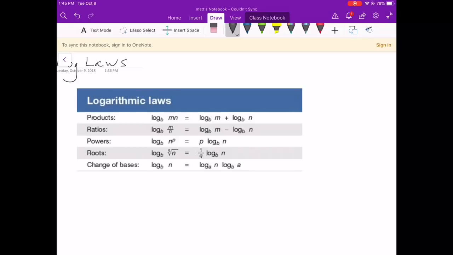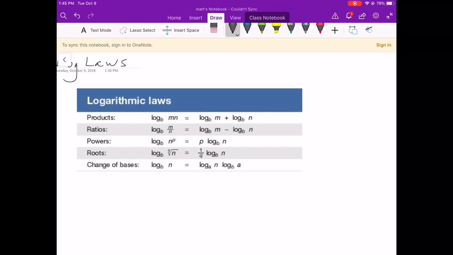So product: if we're taking the log base b of m times n, so if I'm multiplying inside of a log, that's the same thing as adding the individual logs. Okay, if I'm taking a ratio or dividing within my log, I can subtract the two individual logs.